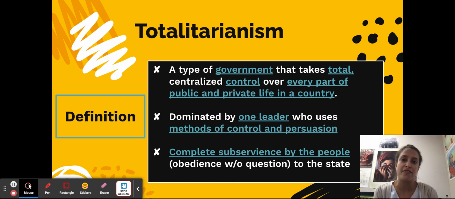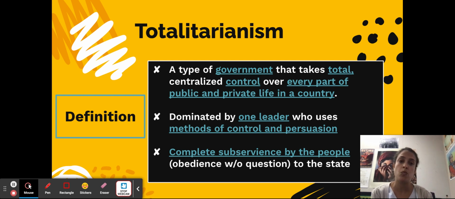Totalitarianism is a type of government that takes total, see the name, total, totalitarianism, centralized control over every part of society. That means what you do in private, they can regulate, and what you do in public, they definitely regulate. When I say regulate, I mean completely control.